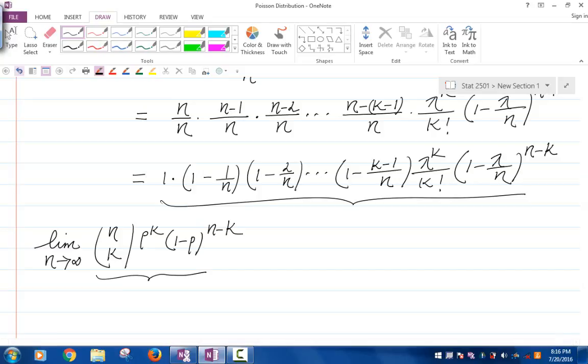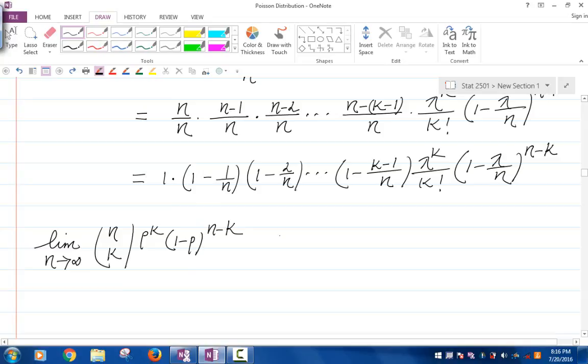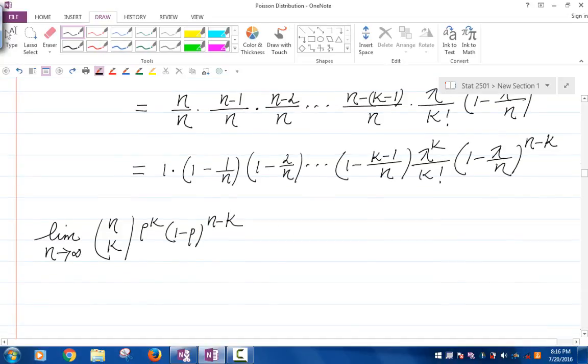So this is going to be equal to, well, what's the limit of this factor? The limit of 1 minus 1 over n, as 1 over n goes to 0, is 1. The limit of this factor is 1. The limit of this factor is 1 since k is fixed. This one does not depend on n, so it remains the same.